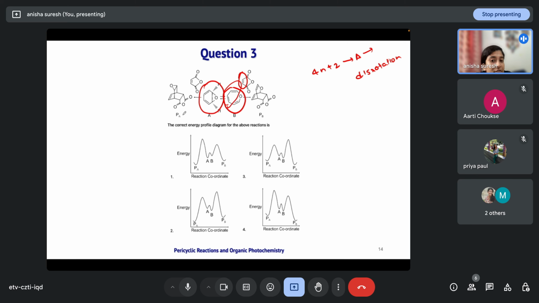Out of A and B, which will be more stable? Since the presence of a three-membered ring is there, B is more stable. B will be more stable compared to A.